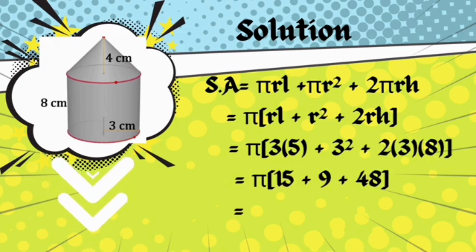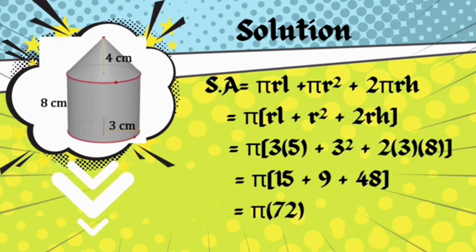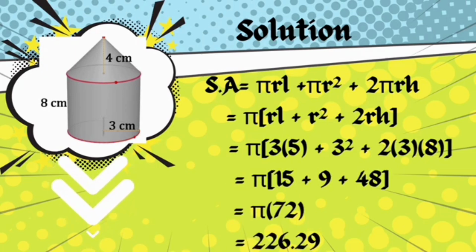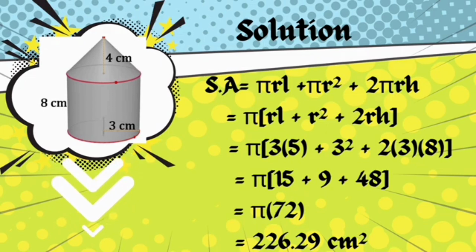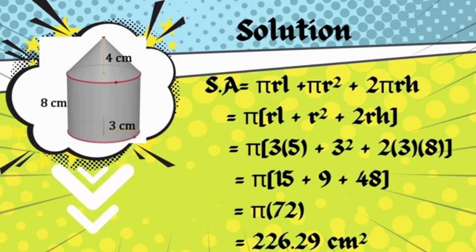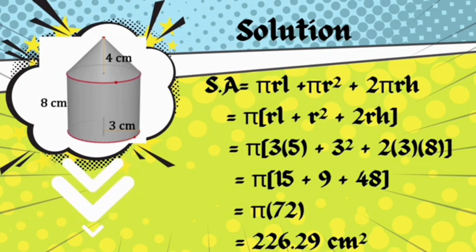And the curved surface area of the cylinder is 2 pi radius height. When you calculate these areas and you add them together, the surface area of the compound solid is 226.29 centimeters squared. I hope this solution is clear to you.